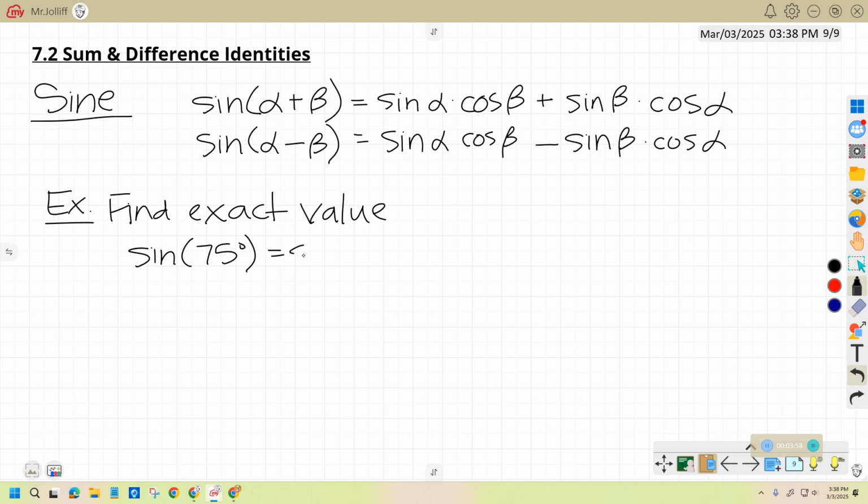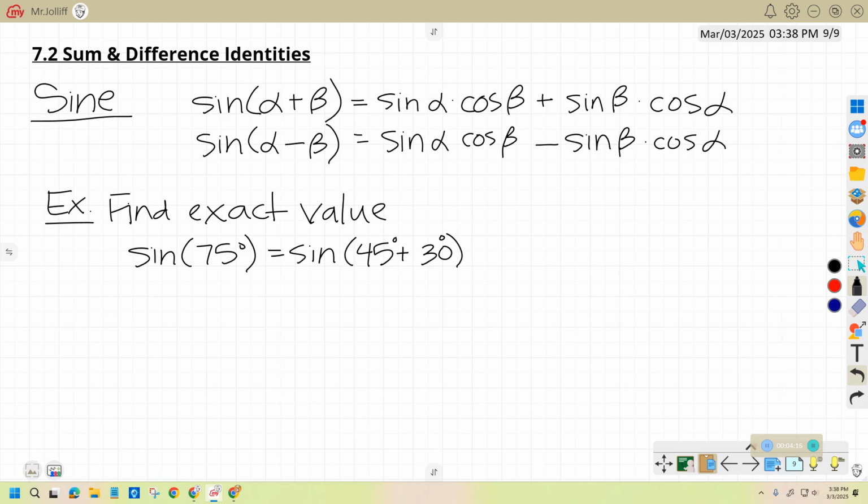I happen to know sine of 75 is sine of 45 plus 30. Pretty sure that works out to 75. Check my math. It's been a rough day. But 45 plus 30 is 75, yes?